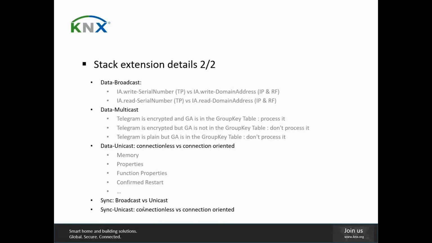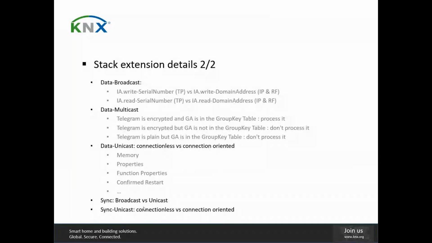Data multicast then is actually, well, multicast is in this context, of course, nothing else than what we already know from the plain context, from the plain mode. This is all about group communication.